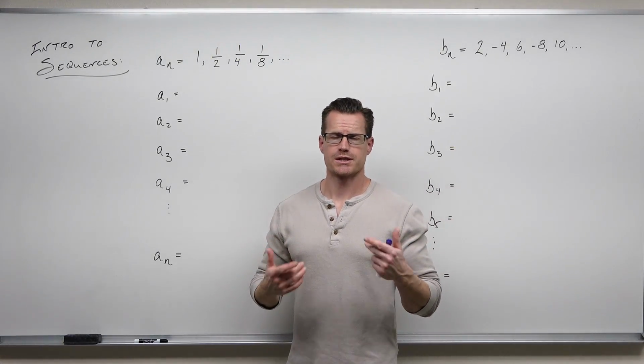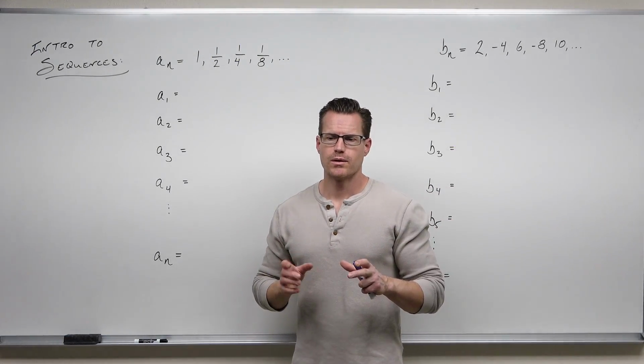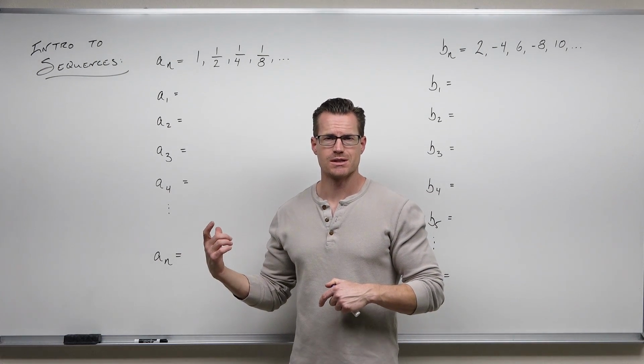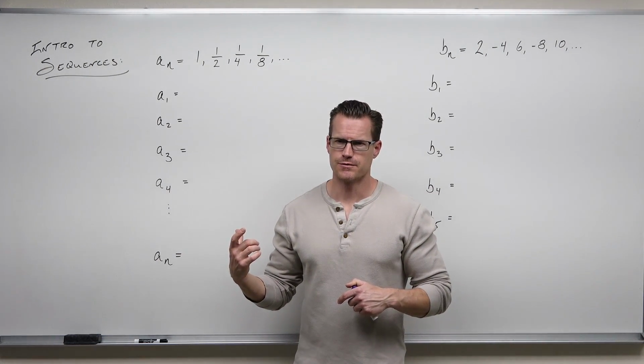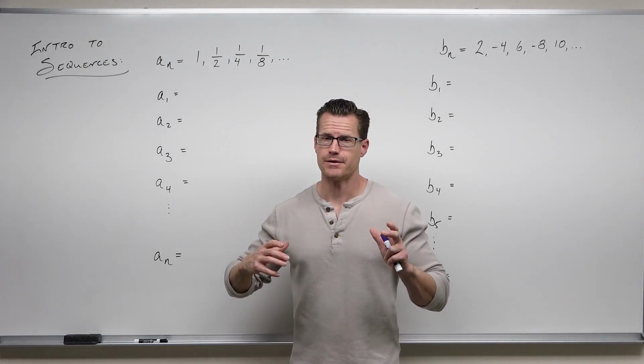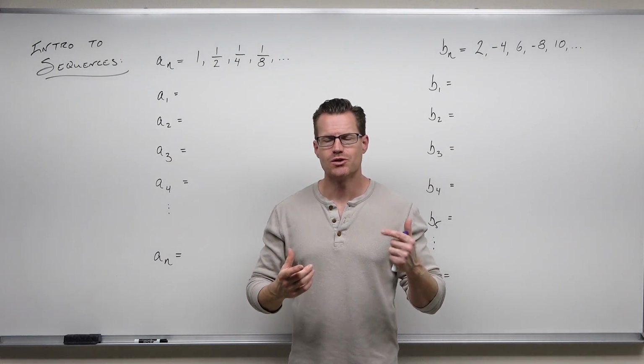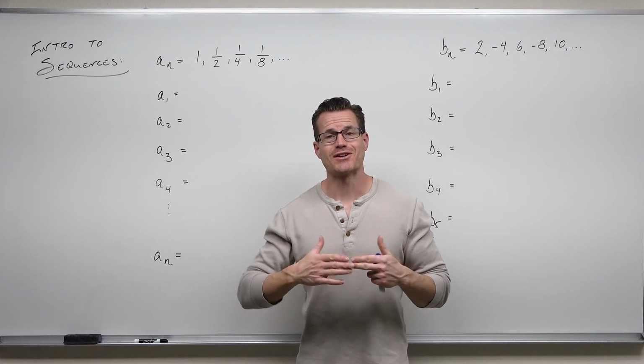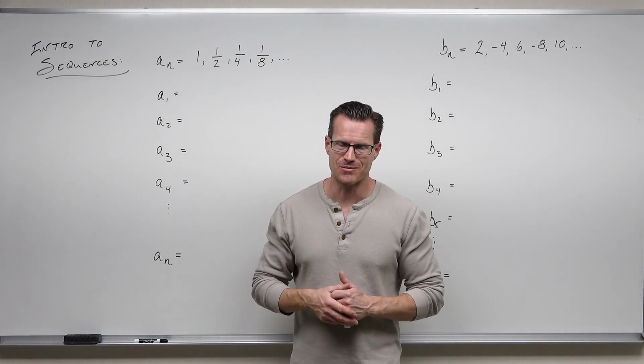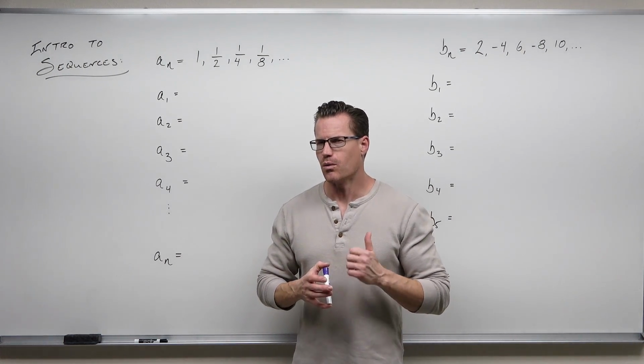Now that you understand what a sequence is really about, let's try to go ahead and create our own formulas from some sequences given. A very important piece of understanding is how to find a pattern and represent it so that you don't have to list out the sequence to find like the 100th term. You probably don't want to do that here.